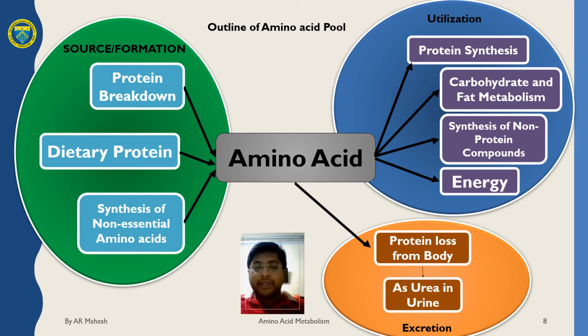Excess protein is excreted from the body in the form of urea in urine. So the total amino acid entry into the body should be equal to the amount of amino acid which is utilized in the body and excreted out of the body. This whole thing we summarize as the amino acid pool.